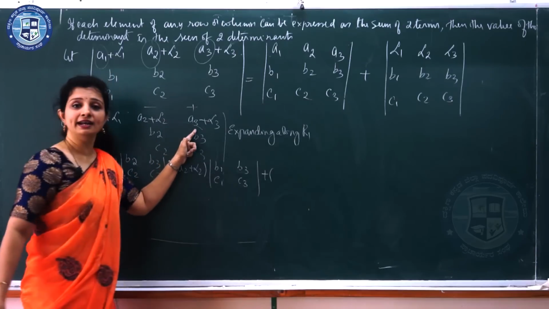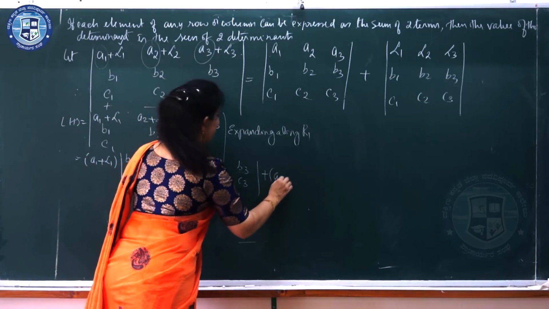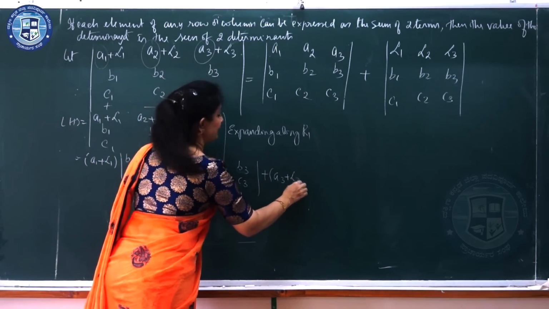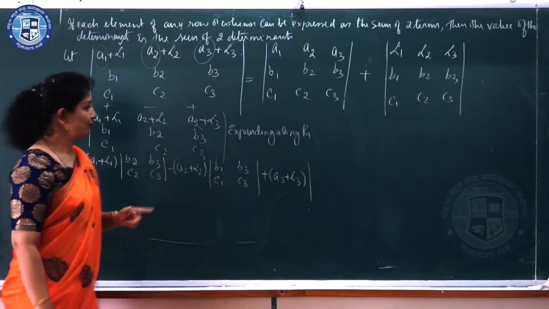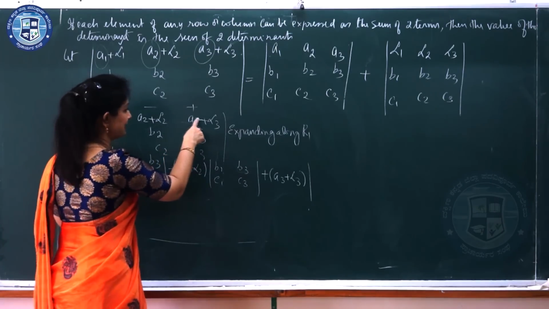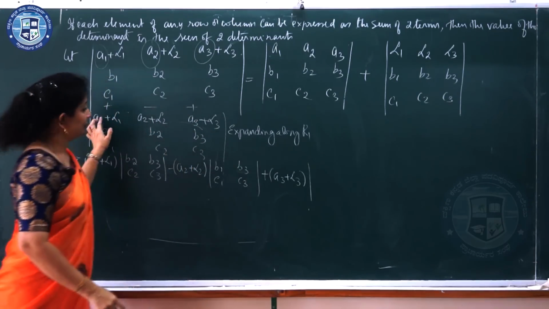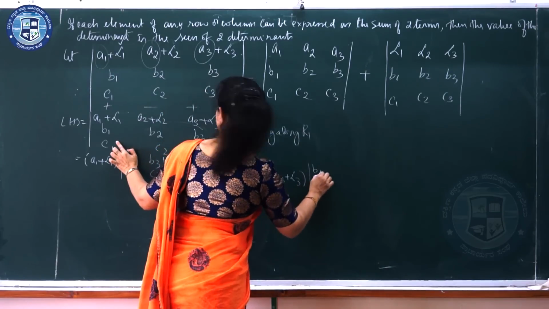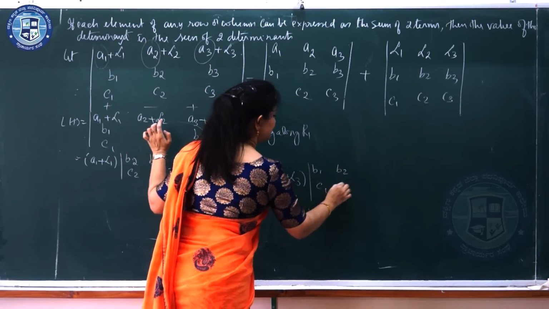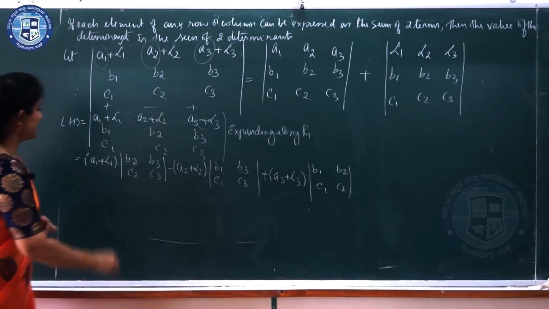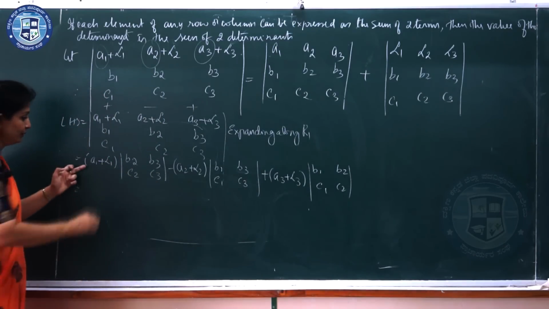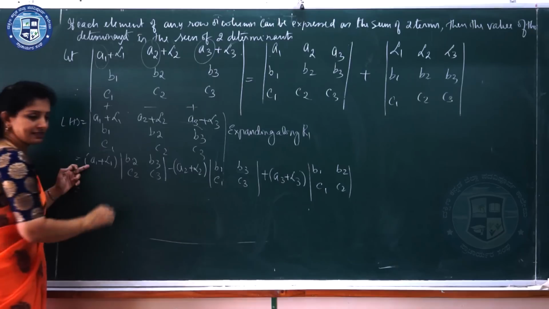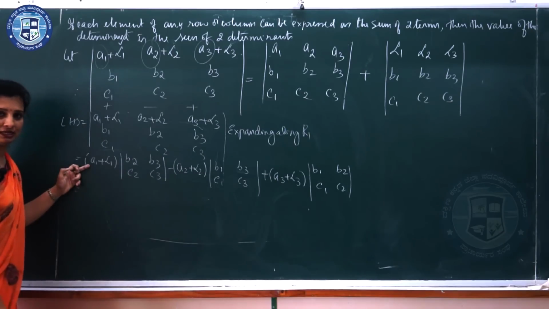Plus the third element A3 plus alpha 3 into, deleting the first row and third column, B1, B2, C1, C2. What we will do is first multiply A1 to this determinant, then alpha 1 to this one.